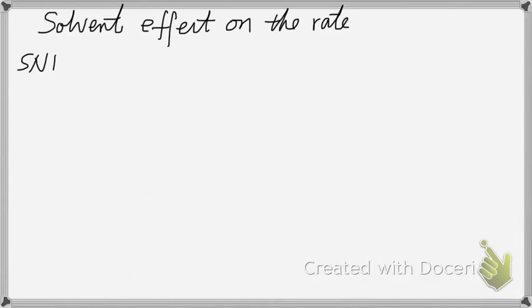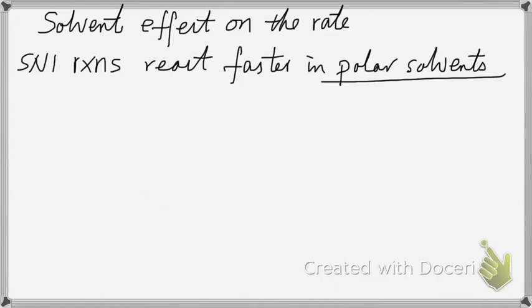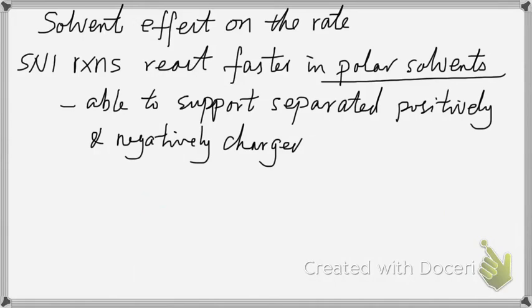Okay, next, let's take a look at the solvent effect on the rate. SN1 reaction will react faster in polar solvent. Polar solvent is able to support separated positively and negatively charged species. SN1 has a carbocation as an intermediate, so it's a charged species, and carbocations will be more stable in polar solvents.